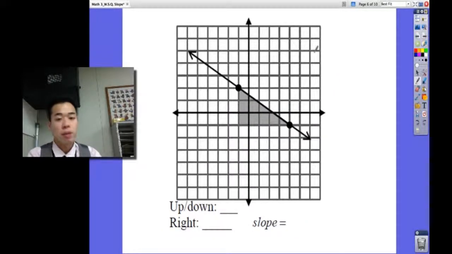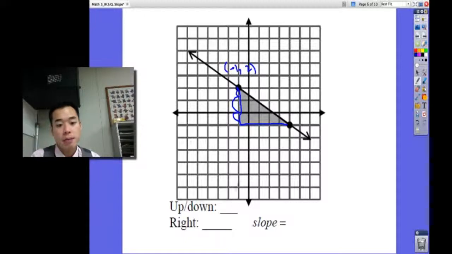Let's find this slope. To find this slope, here's a point that I know for sure. This is -1, +2. That's the ordered pair. To find this slope, all I have to do is go here. I'm going to move down and to the right until I create a slope triangle, and then just count how many times I went down. 1, 2, 3.